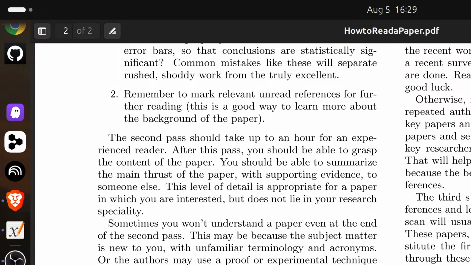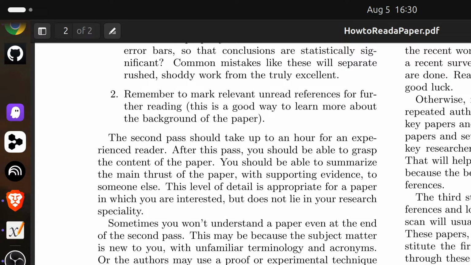This may be because the subject matter is new to you with unfamiliar terminology and acronyms, or the authors may use a proof or experimental technique that you don't understand, so that the bulk of the paper is incomprehensible. The paper may be poorly written with unsubstantiated assertions and numerous forward references, or it could just be that it's late at night and you are tired.